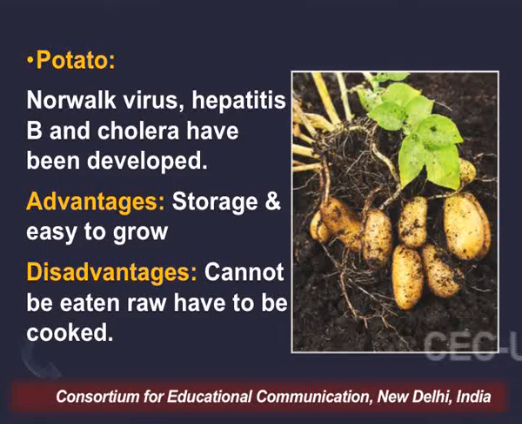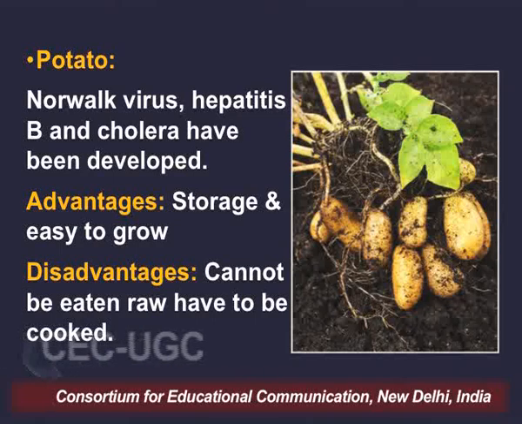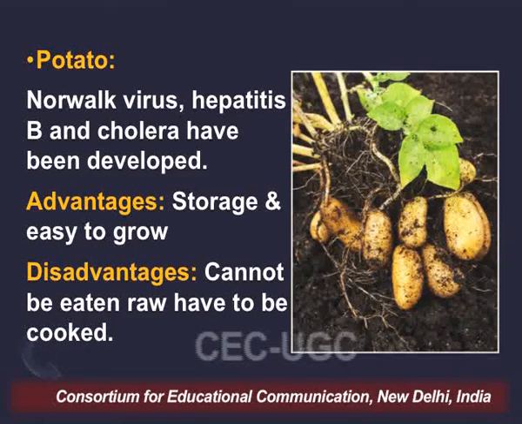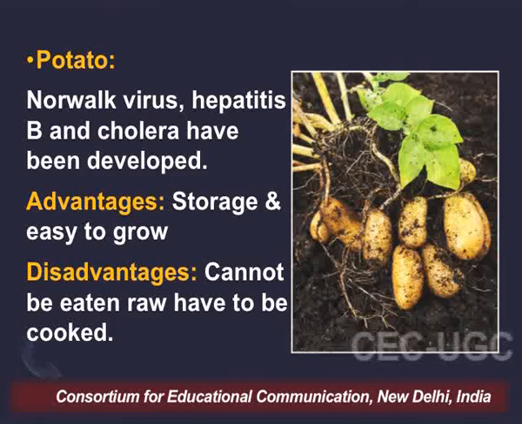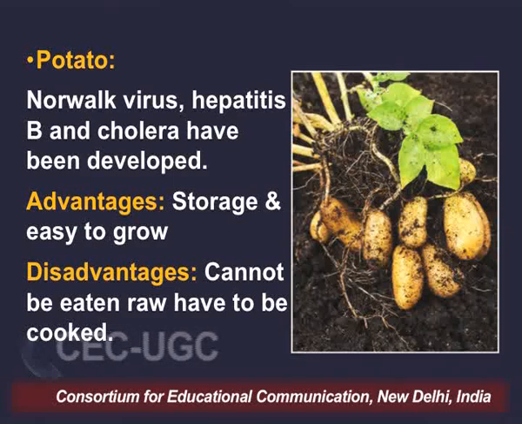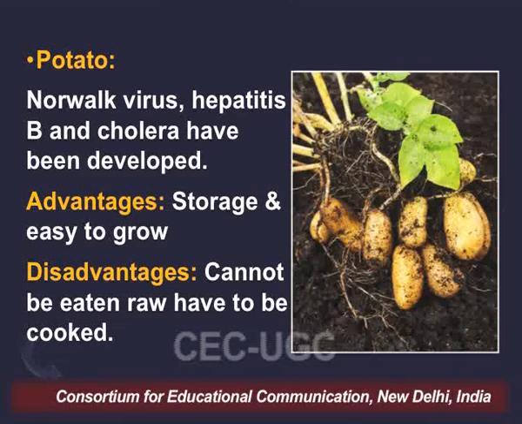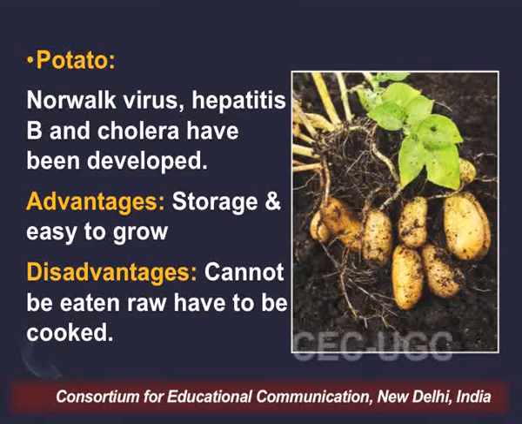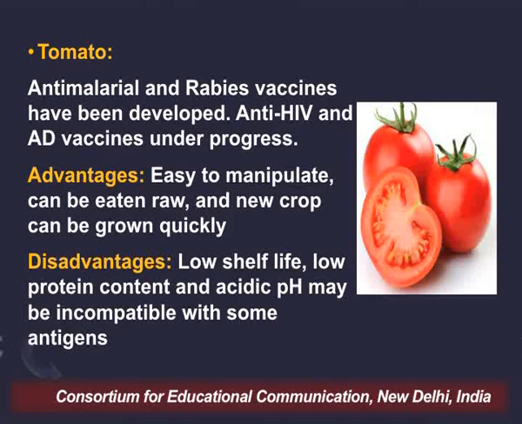There were a few studies wherein the subjects were given raw transgenic potato to eat, but they exhibited certain side effects. Major ones were diarrhea and vomiting, and moreover the raw potato was not palatable. So it has to be cooked before it is consumed, and cooking has been shown to decrease the antigenic expression by 25 to 50%.